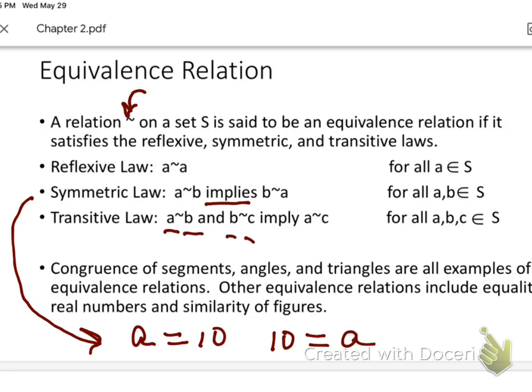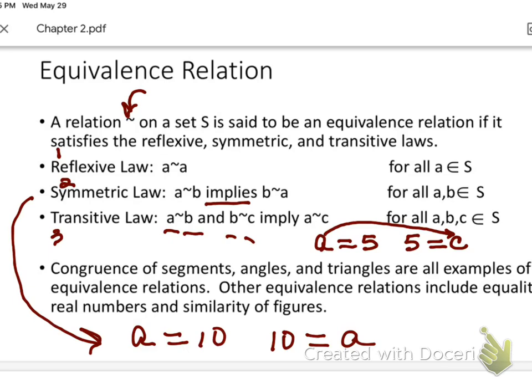So what if A equals 5, and if 5 equals C, then do you see how you can definitely draw the conclusion that A will equal C? So if A equals 5 and if 5 equals C, then therefore A equals C. So transitive, you have 3. Symmetry, you have 2. Reflexive, you have 1. A equals itself. Just understand that vocab and then you'll be good to go.